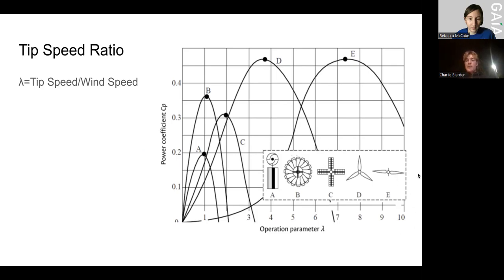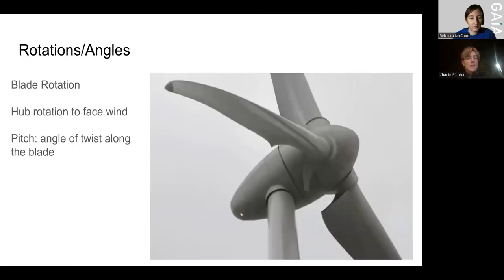Versus graph E, which is what the Wind Day design is, a two-bladed turbine, it is optimized for between 7 and 8 tip speed ratio. So it's going to be spinning a lot faster, which is an important thing to keep in mind, especially when you talk later about the equations that go along with how you want to design your blade.